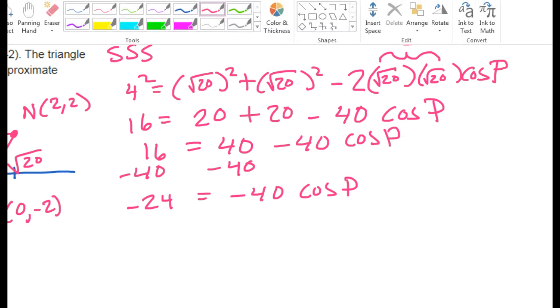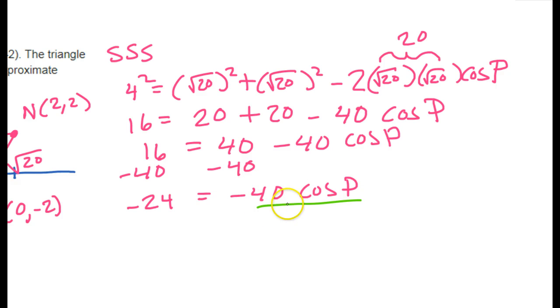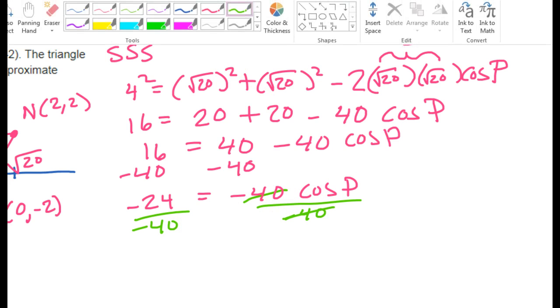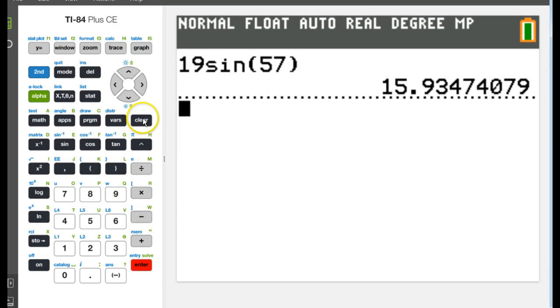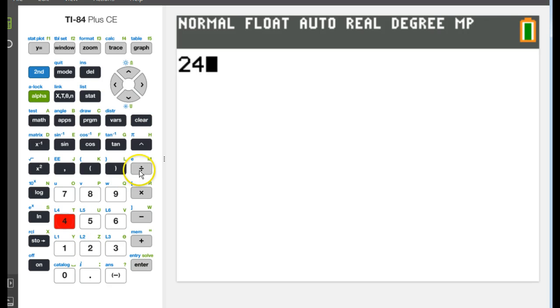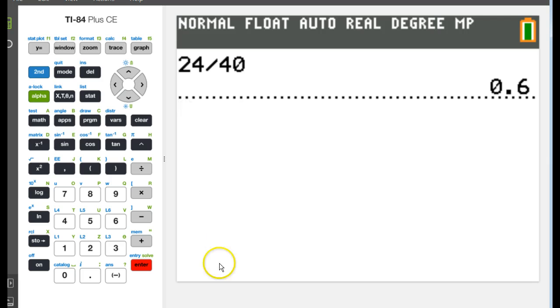So now we divide both sides by negative 40. Alright, so that's going to get cosine p by itself. Okay, so this is going to be positive, so what's 24 divided by 40? .6.